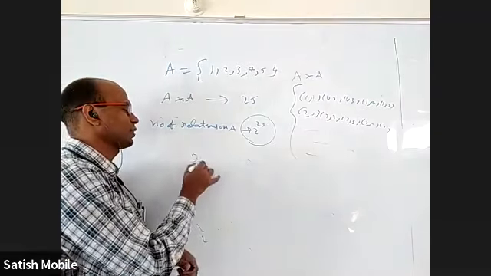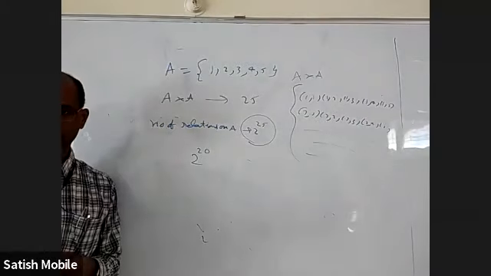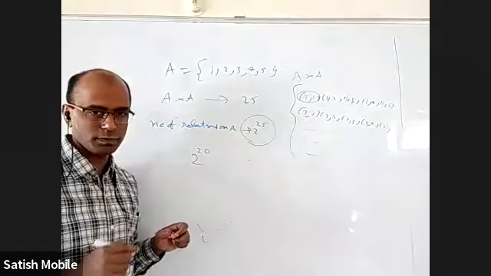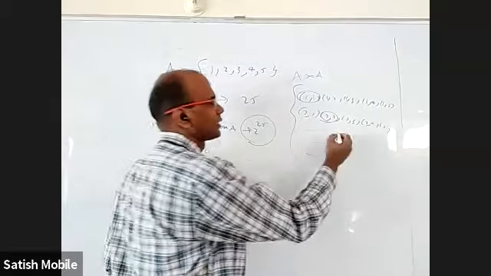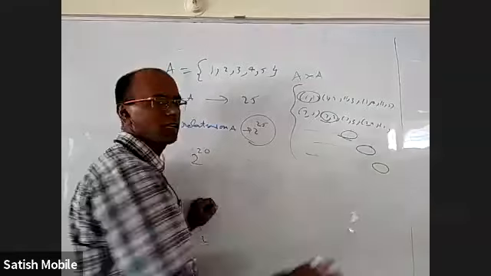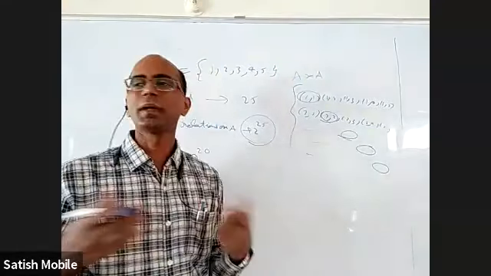It is 2 power 20. Why 2 power 20? 1 comma 1 should be there, only one choice. 2 comma 2 should be there, only one choice. 3 comma 3, 4 comma 4, 5 comma 5 should be there. These 5 don't have a choice, they should be there. The rest of the 20 elements may be there, may not be there.